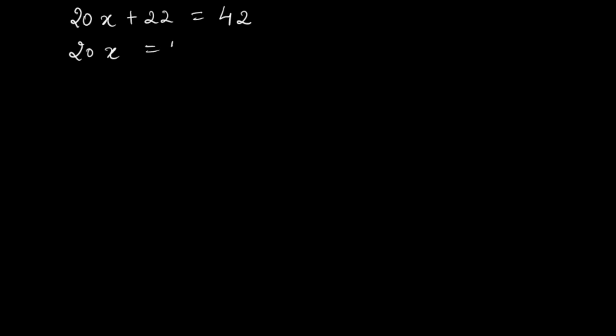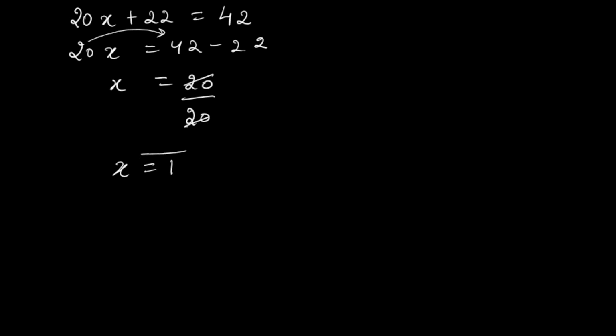So 20x is equal to 42 minus 22. 42 minus 22 is equal to 20. So x is equal to, now this 20 will shift to the other side. When I am shifting 20 to the other side it will get divided. So 20 and 20 will get cancelled. So x is equal to 1. x is equal to 1.